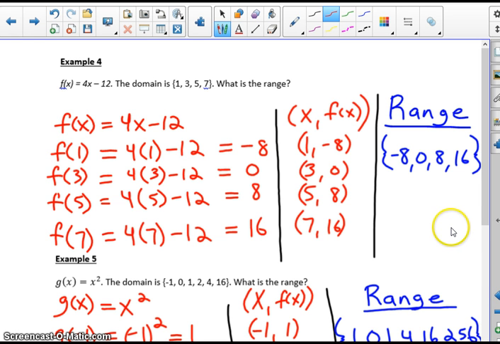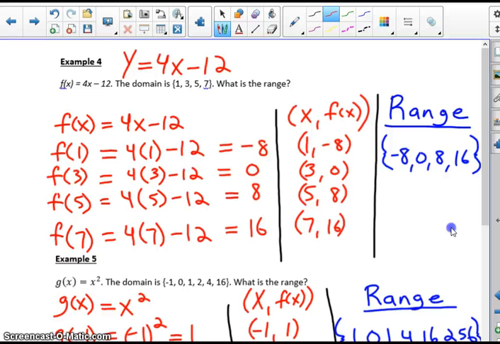Example 4 here. I have f of x equals 4x subtract 12. Before, you would have seen this written as y equals 4x subtract 12. But now we just say f of x equals 4x subtract 12. I chose my domain values 1, 3, 5, and 7.